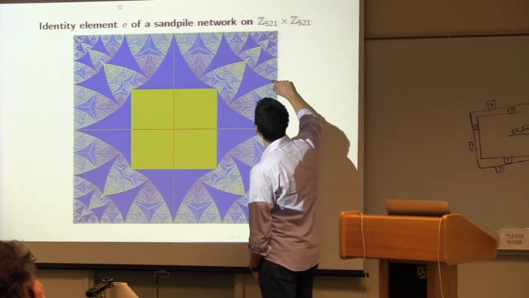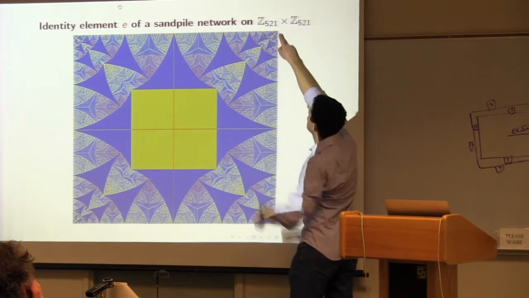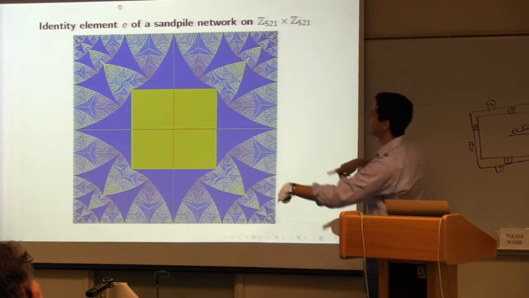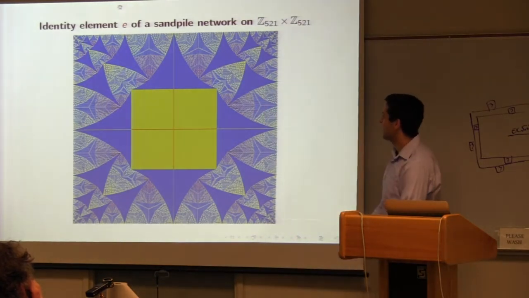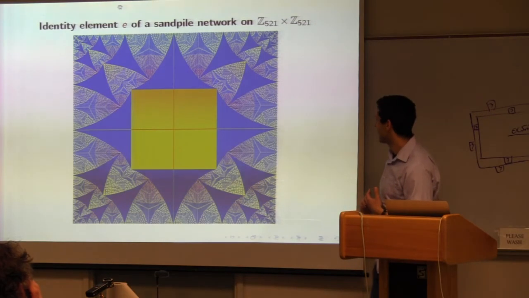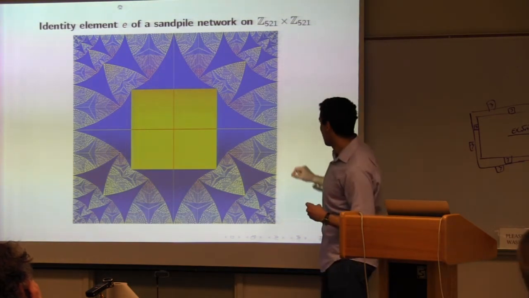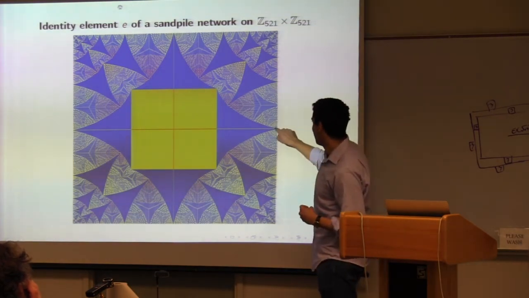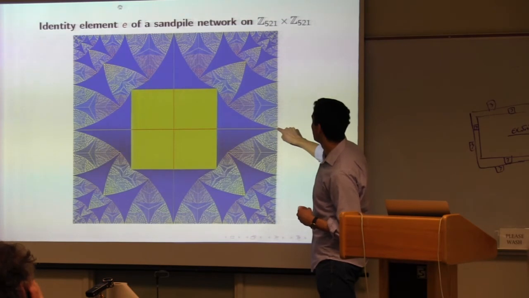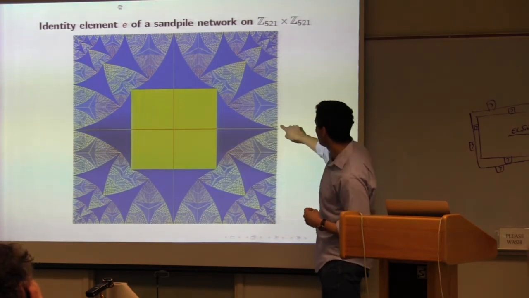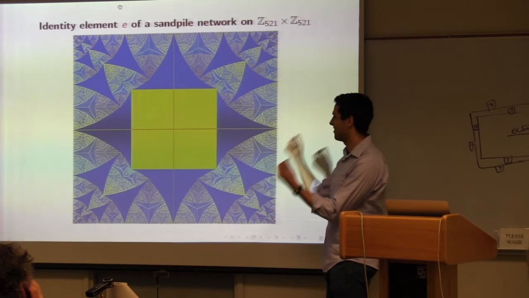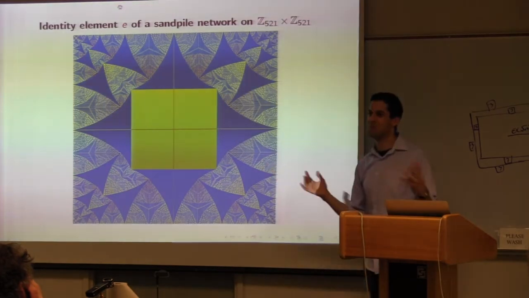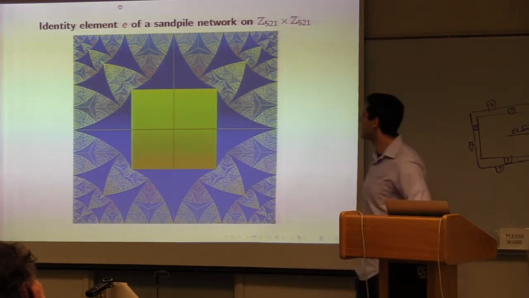So in this particular example, we took a big 521 by 521 grid as our graph, and we took the sandpile network on that graph, where edges that lead outside this big 521 by 521 box all go to a single sink vertex that just absorbs chips and doesn't emit anything.